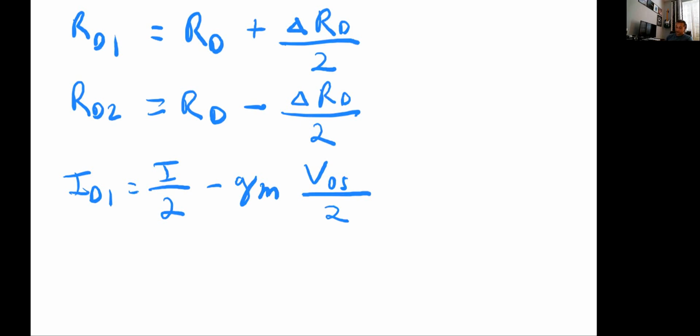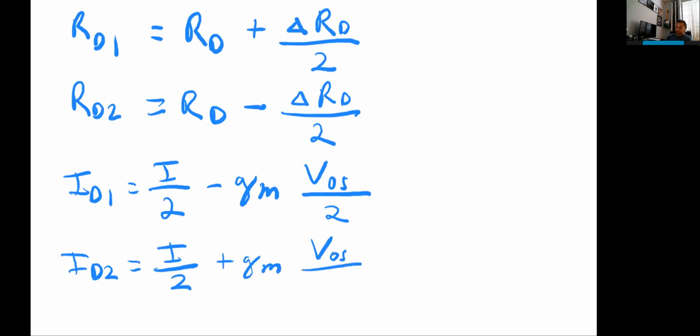And then the current in drain 2, similarly, is the offset voltage over 2 multiplying just GM or the entire thing? Just GM. Okay. So this is the term.